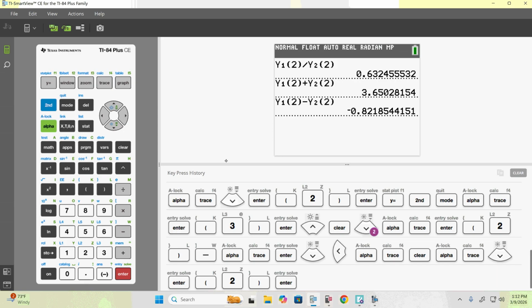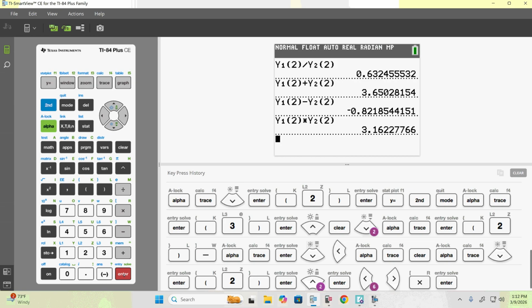Now, yes, typing alpha trace time and time again can get a little tedious, yes? Hit the up arrow twice and have it select that previous one and hit enter. Because if I do that, I just move the cursor over and replace the minus with times. And it tells me that y1 times y2, when I do it with multiplication, we get 3.16.